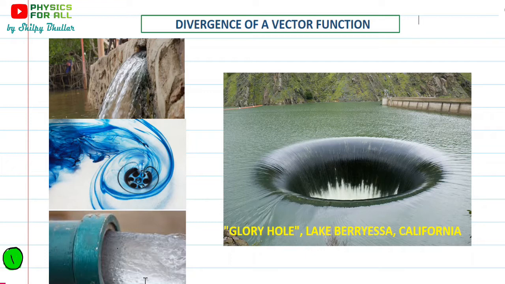Water is the best example. The flowing water is the best example of a vector function because it flows and we can measure its magnitude and we also know its direction. It flows in a particular direction. And thus I find it a very good example to understand divergence of a vector function.